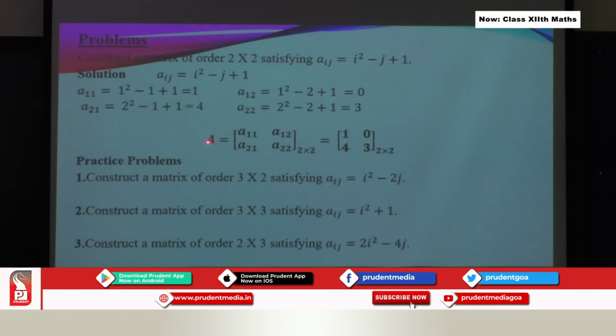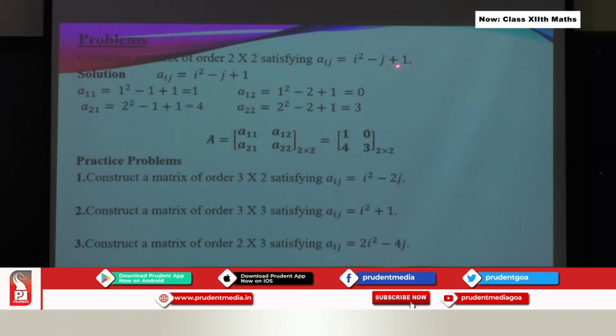At the end, I substitute in the positions of the elements and I get my matrix of order 2 by 2. So this is how we construct a matrix using this matrix generator.